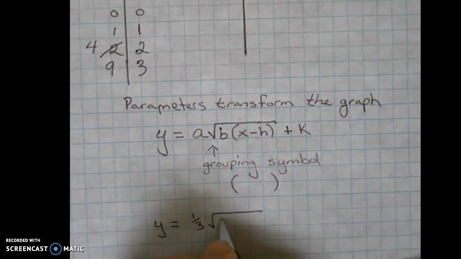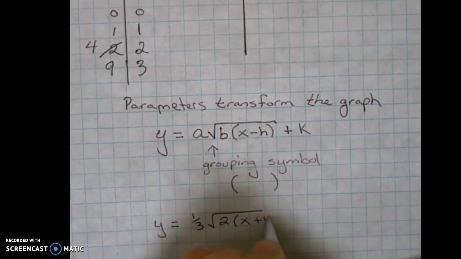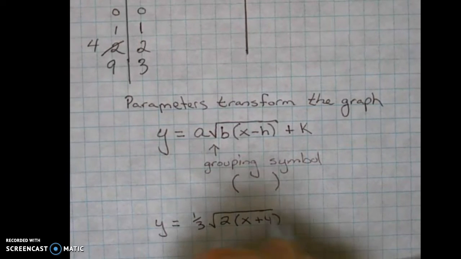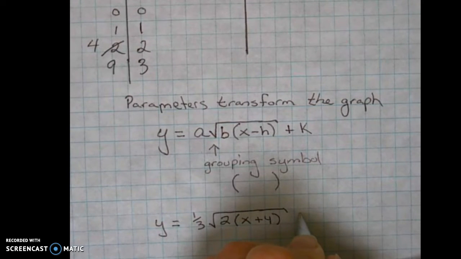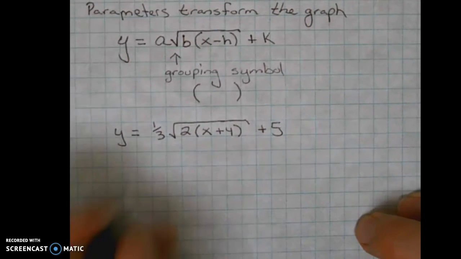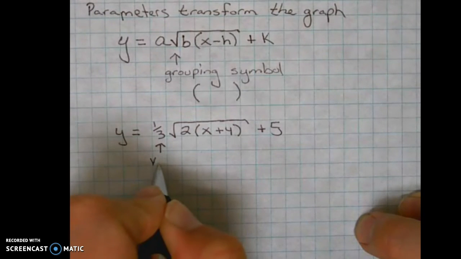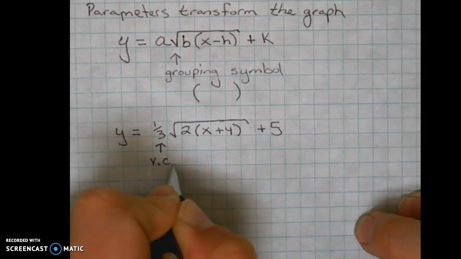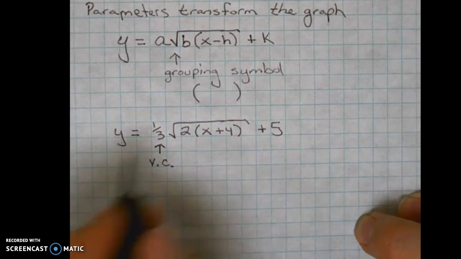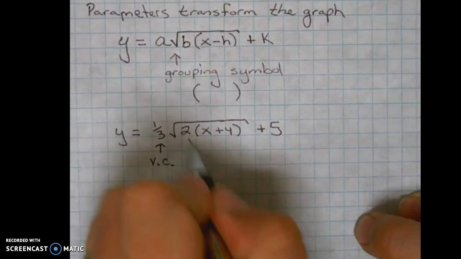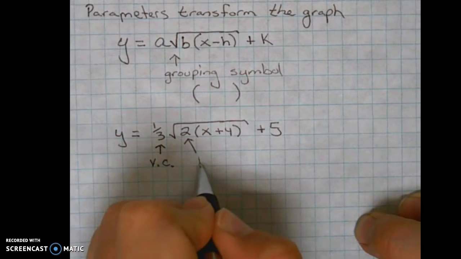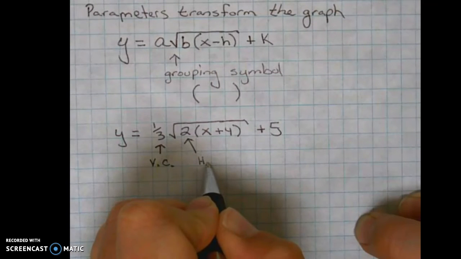So let's take a look at an example. In this case, the 1/3 tells us we have a vertical compression. I'm going to go ahead and abbreviate. Here we have a horizontal compression.